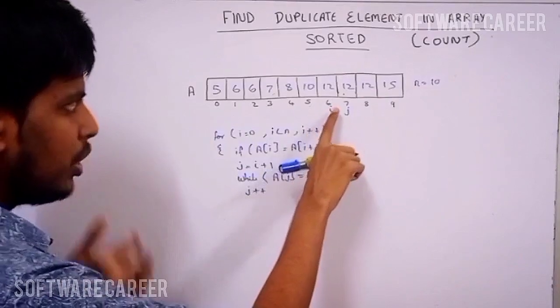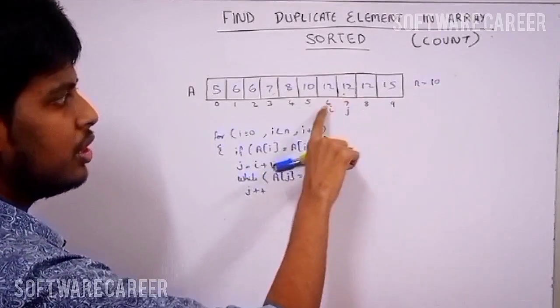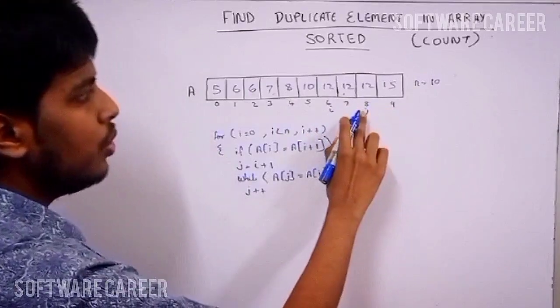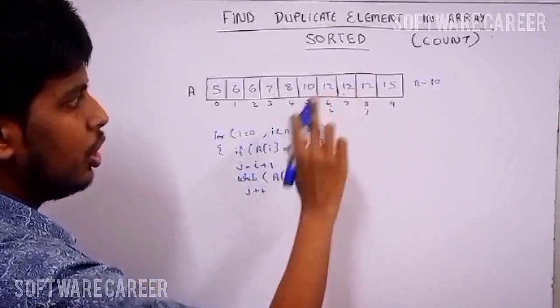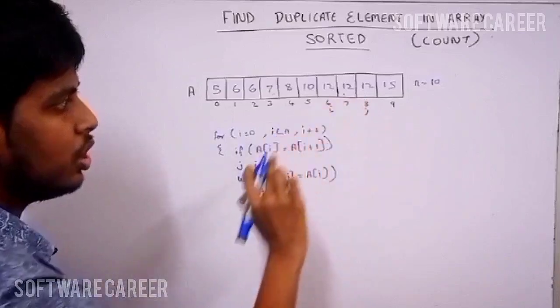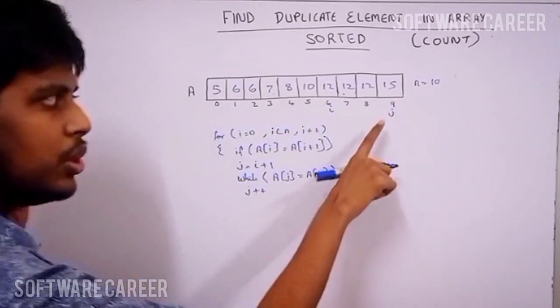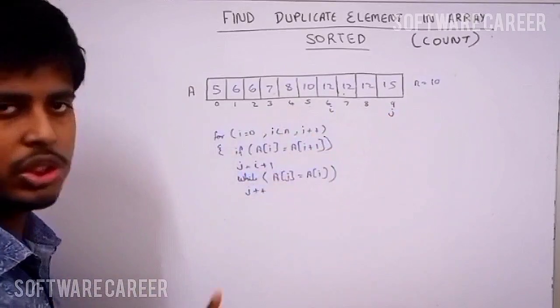Now a of 7 equals a of 6, so you increase j. Now you check a of 8 equals a of 6. Yes, so you again increase j. Now it's not equal. A of 9 is not equal to a of 6.